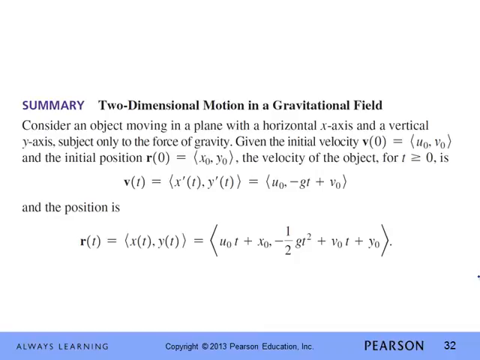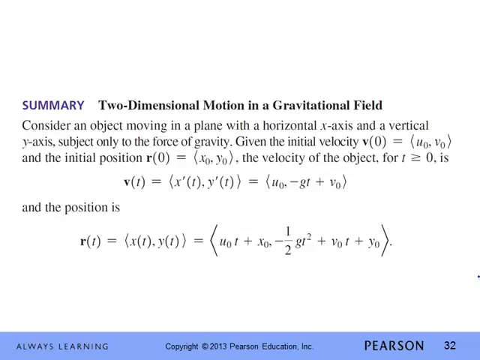Now, we're going to consider an object moving on the XY plane, with a horizontal x-axis and the vertical y-axis. So horizontal indicating the ground, essentially, and the y-axis indicating the vertical direction going away from the ground.